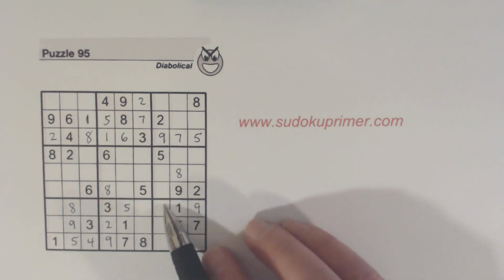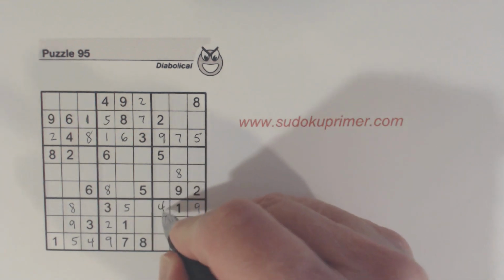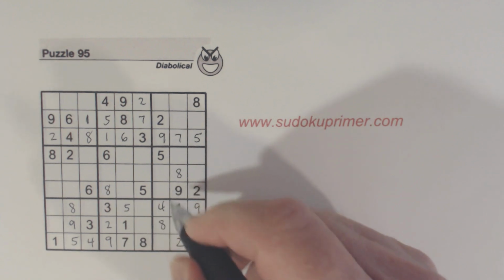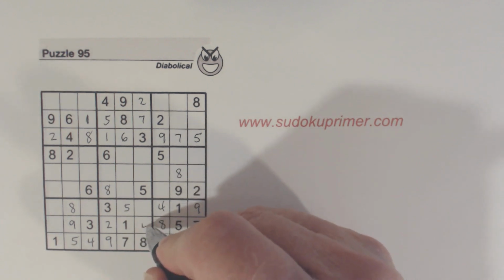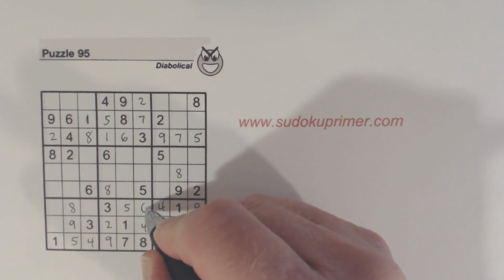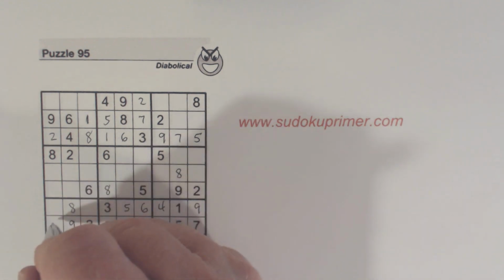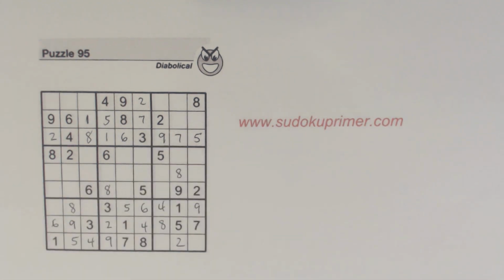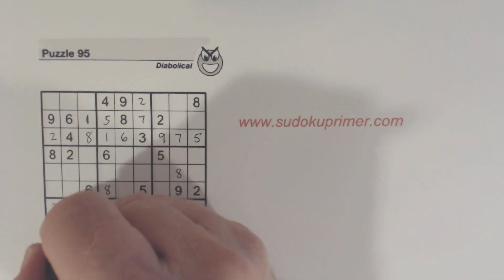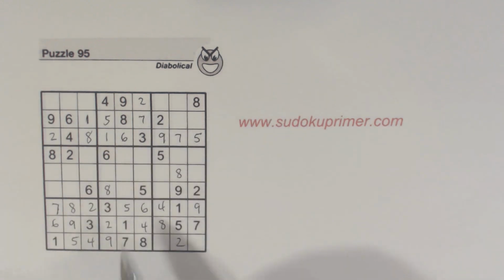We know these are 4, 8 twins, so we could fill those in. And then these 4, 6s here are straightforward too, because they're the only 2 numbers left in this box. And then we have a 6 over here, very easy to see, and a 7, 2. Shouldn't have any problem with that.